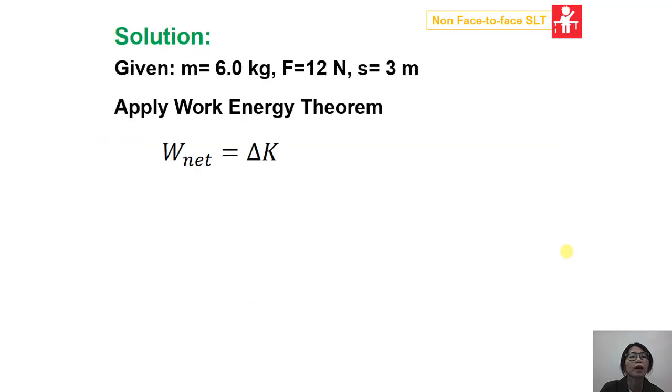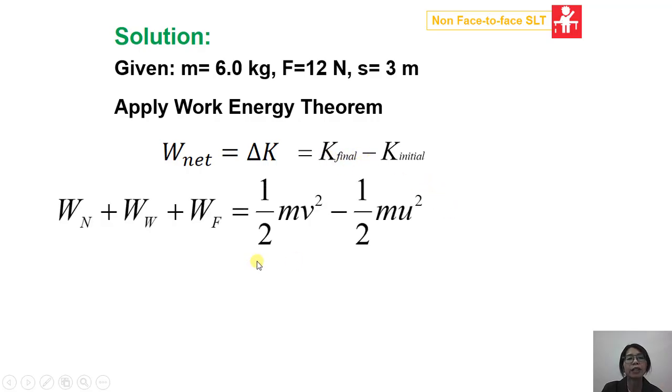Applying the work energy theorem, the total work done or the net work done will be equal to the change of kinetic energy, which is the final kinetic energy minus the initial kinetic energy.